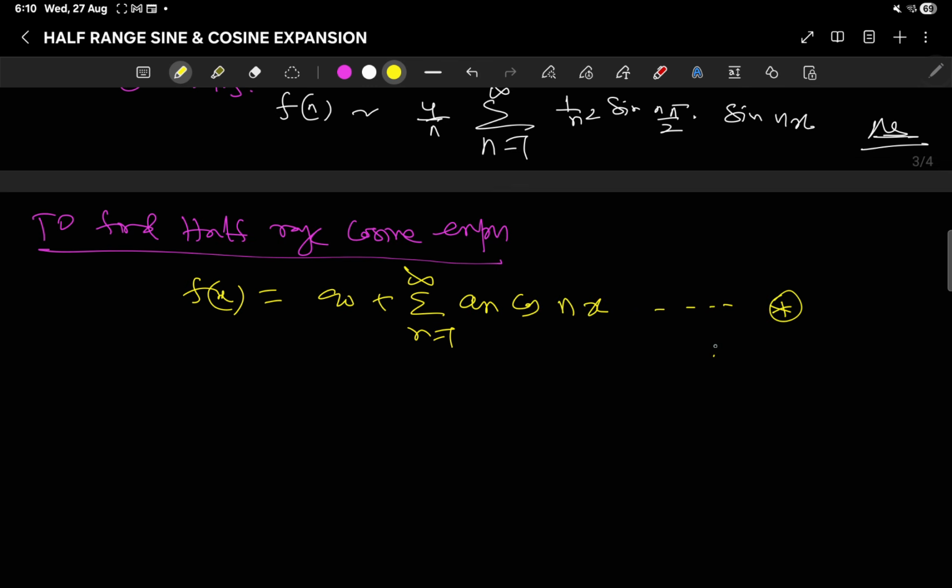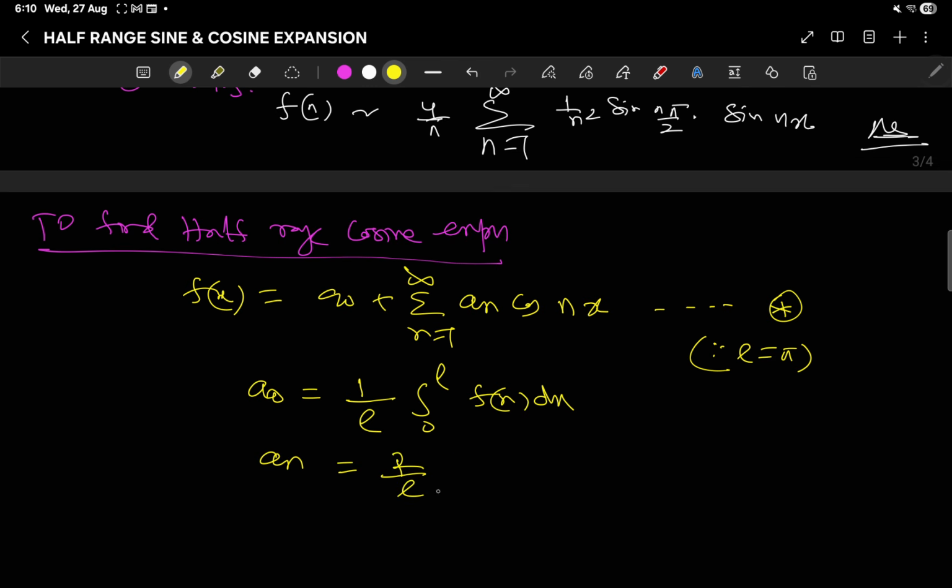It will be equation star because here l is equal to pi here. Okay, accordingly what is here a0? a0 is 1 by l integral 0 to l fx dx, and here an is 2 by l integral 0 to l fx cos n pi by l x dx, right?